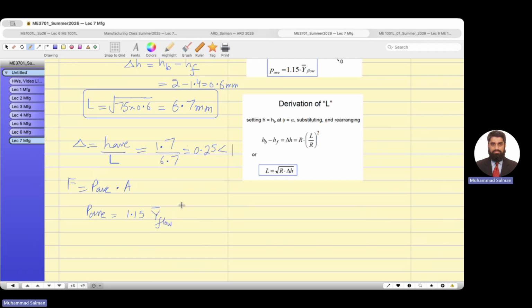And here comes the knowledge from the Mohr stress circle for the von Mises criteria. And Y bar flow can be calculated by this formula: K epsilon to the n over (n plus 1).